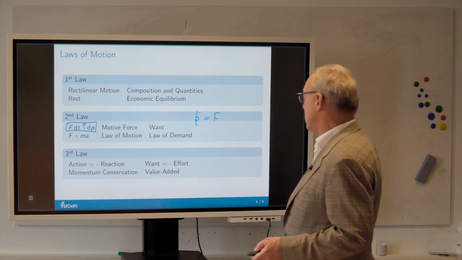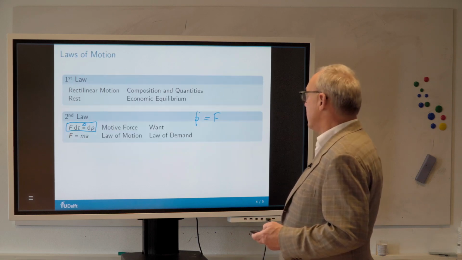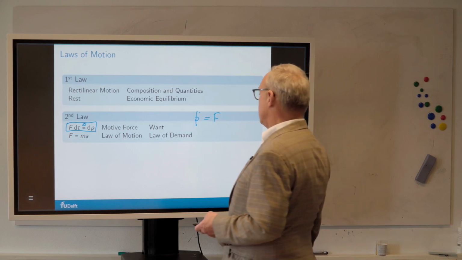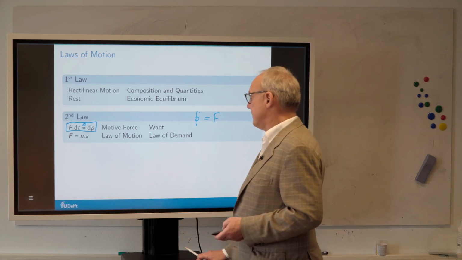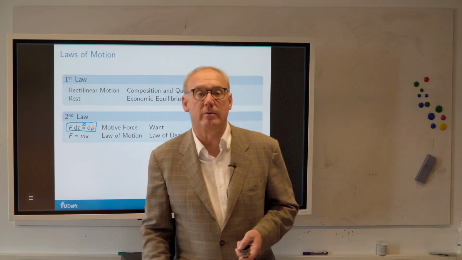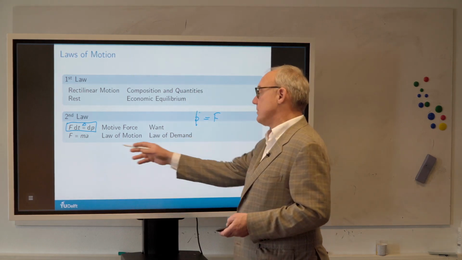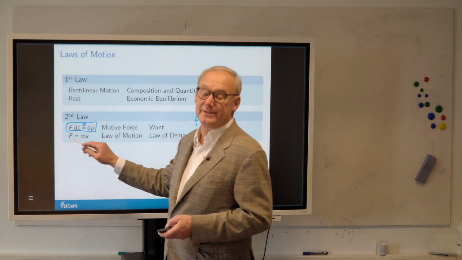Oh, I had a nice call out. I lost my call outs here. I had here a nice call out from Marshall where he says what the law of demand is, and you will see that it's precisely saying this.